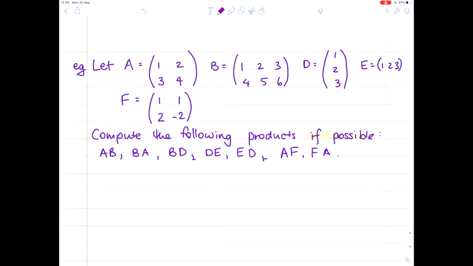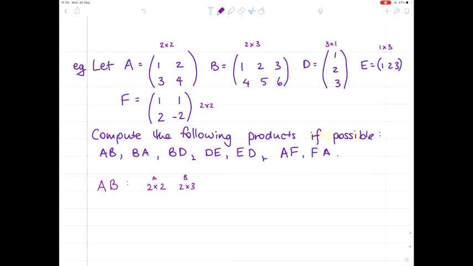For our matrix A, this is a 2 by 2 matrix. Our matrix B, 2 rows, 3 columns. D has 3 rows, 1 column. E has 1 row, 3 columns. And F is a 2 by 2. Okay, so if we want to think about multiplying A times B, well, A is 2 by 2, and B is 2 by 3.